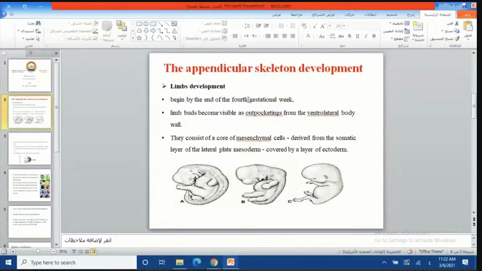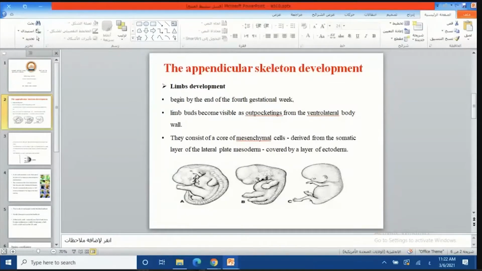The limb buds become visible as outpocketing from the ventral part of the trunk, of the body wall itself. So whenever we see the buds showing in the picture, we can usually say that the fetus is in the second month, or started its fifth week.